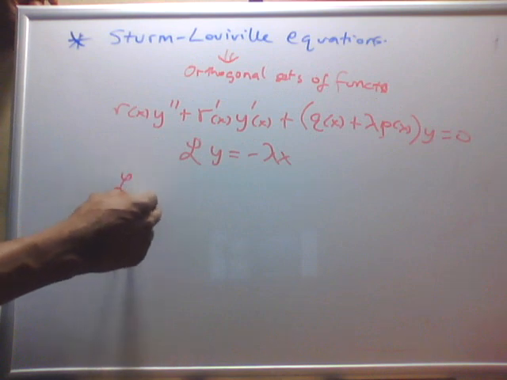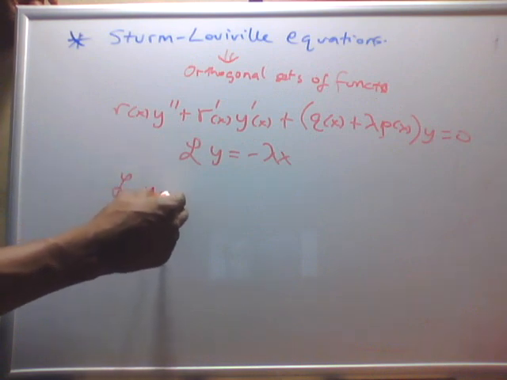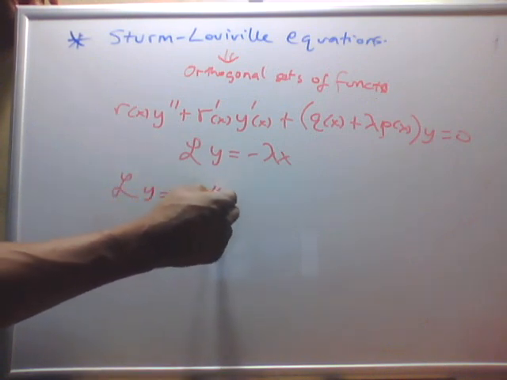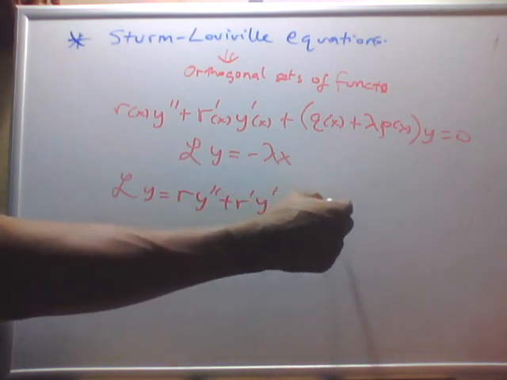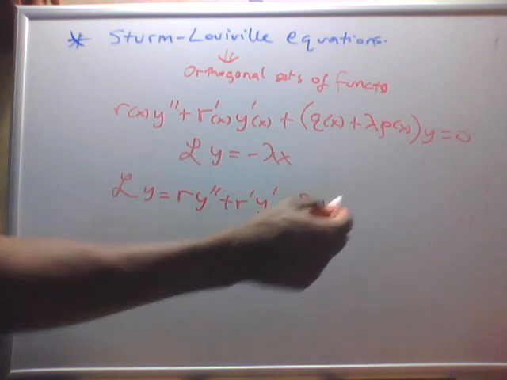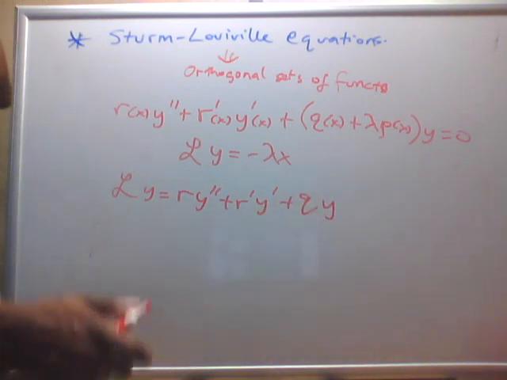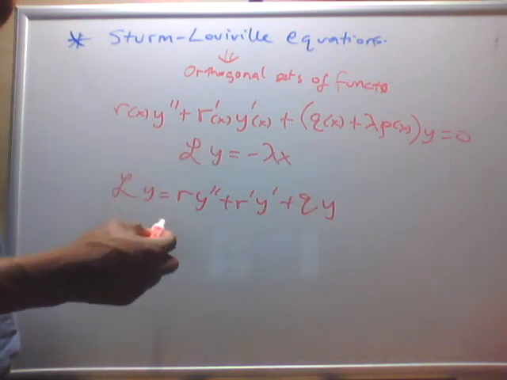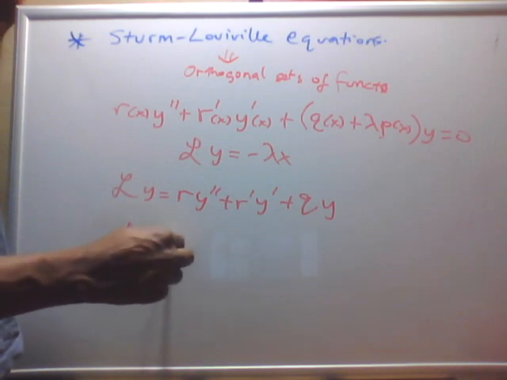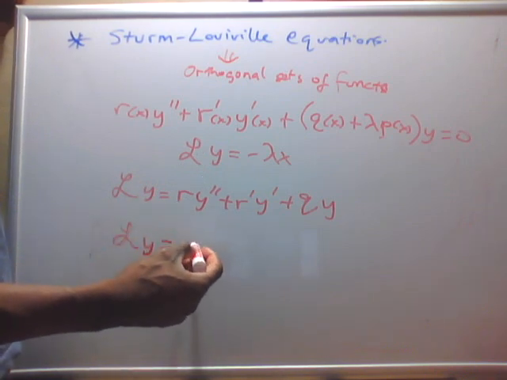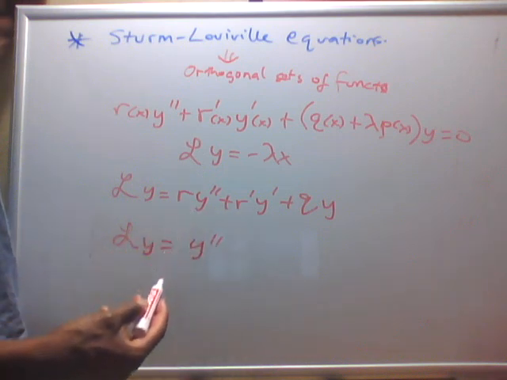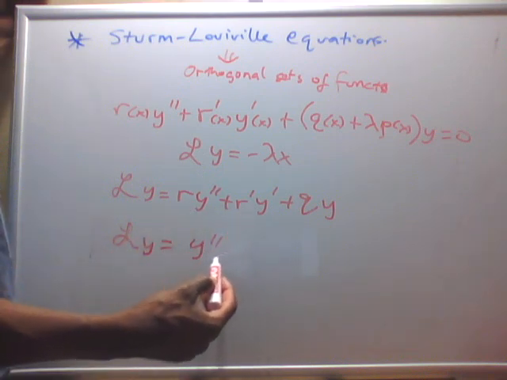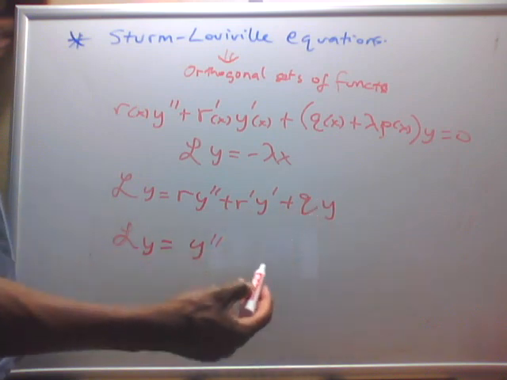So Ly is r y double prime plus r prime y prime plus q y. If you remember the previous example, Ly was just y double prime, so r equals 1, r prime is 0, q is 0.